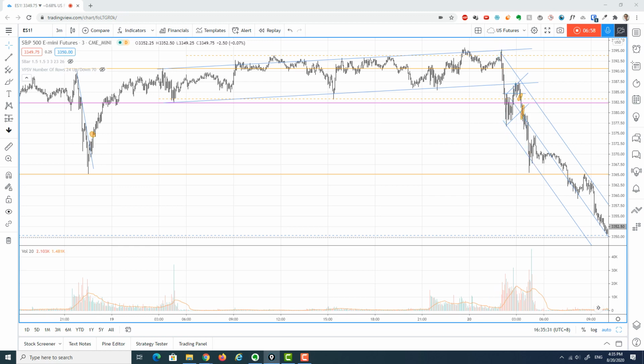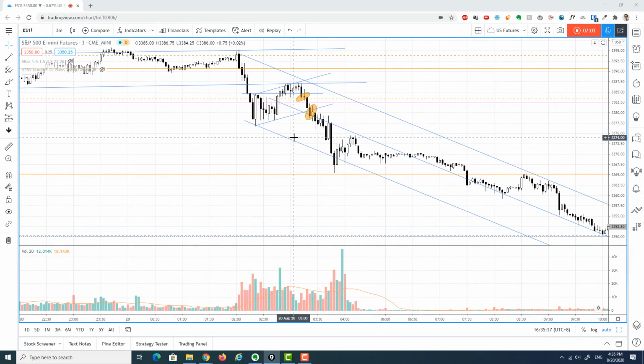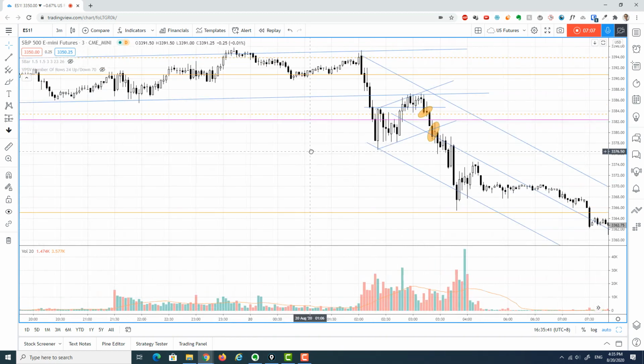So let me just zoom in here, and let's just analyze a bit more detail here. So first of all, if we just take the upsloping structure, then definitely this is the sign of weakness.